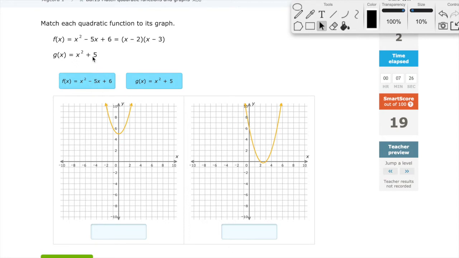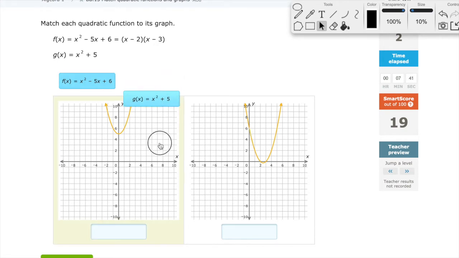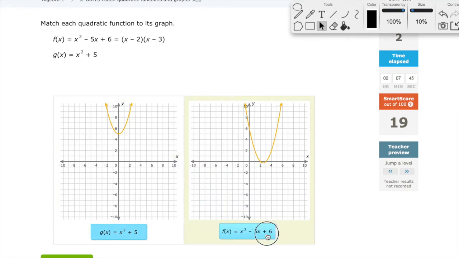However, this constant at the end, meaning it has no other variable attached to it, is a 5. If I look right here between 4 and 6, this one crosses at 5. This one crosses at 6. So the one with the +5 goes here. The one with the +6 at the end goes here.